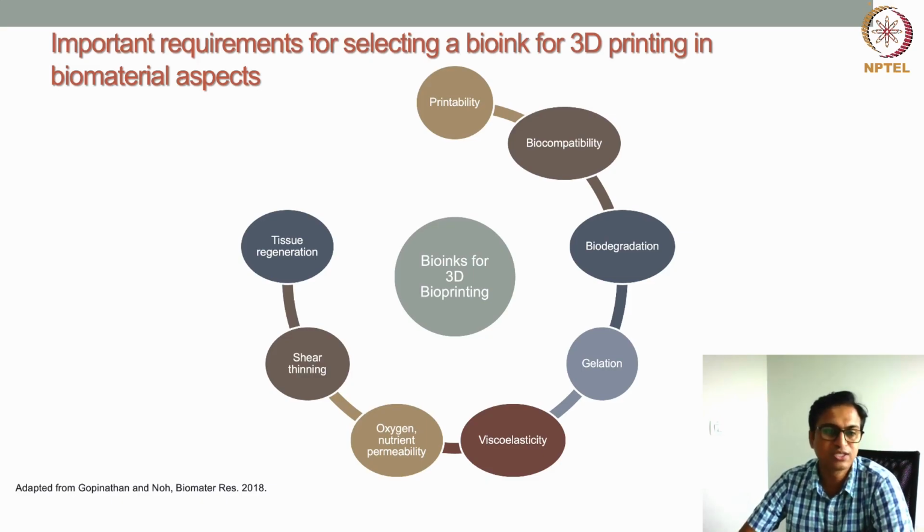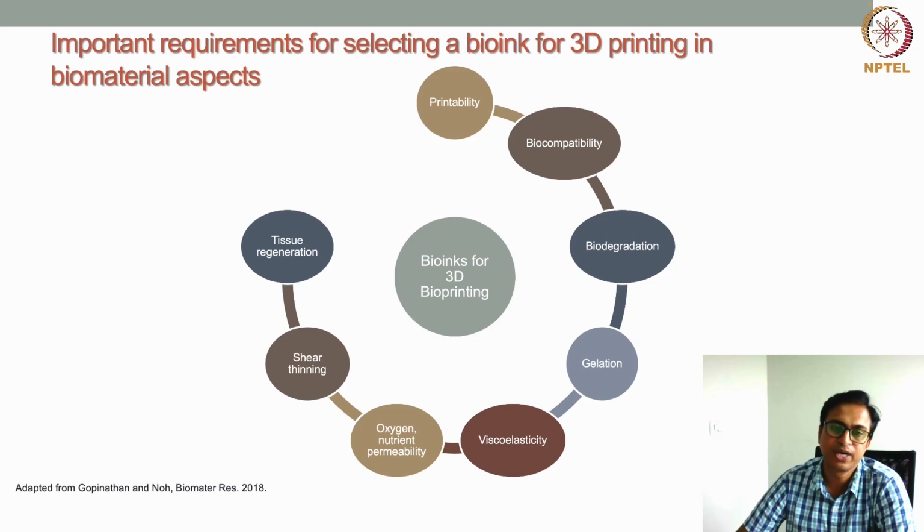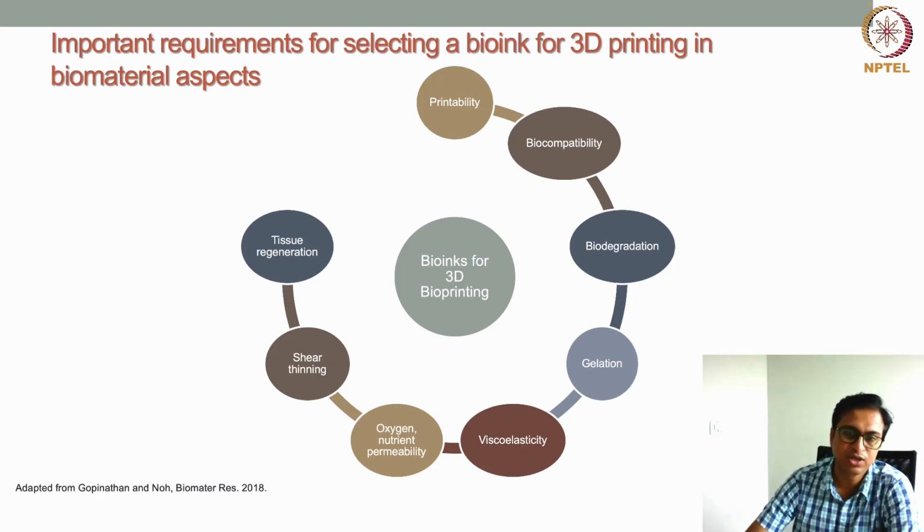The tissue regeneration process can happen if the cells are healthy and doing the functions that are required. That's why whatever material we select to develop the bioink should support tissue regeneration, because that is the ultimate goal of all our bioprinting processes: to develop an artificial tissue or organ.